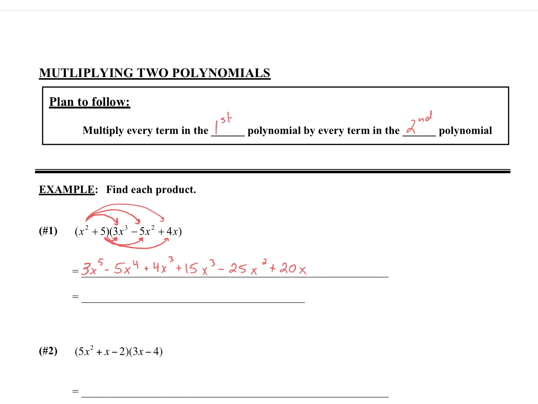So we're going to have 3x to the fifth, and then for x to the fourth we only have negative 5x to the fourth. And then we have 4x cubed plus 15x cubed, so that's going to be plus 19x cubed. And then we have negative 25x squared plus 20x. Okay, and that is our final answer.